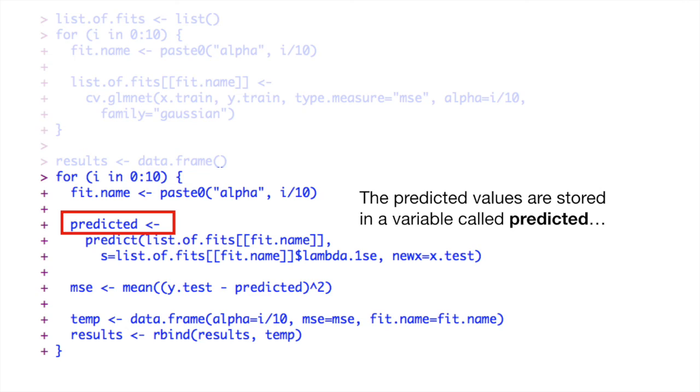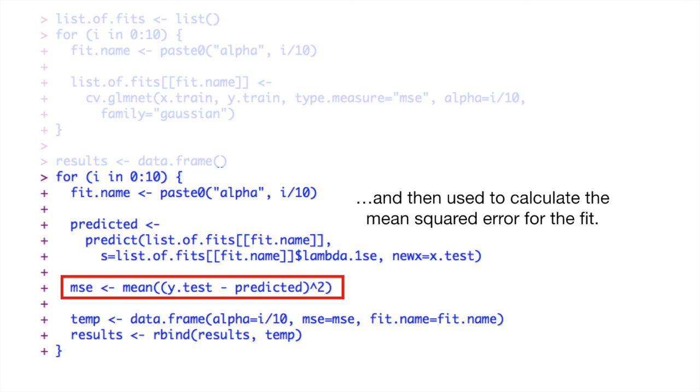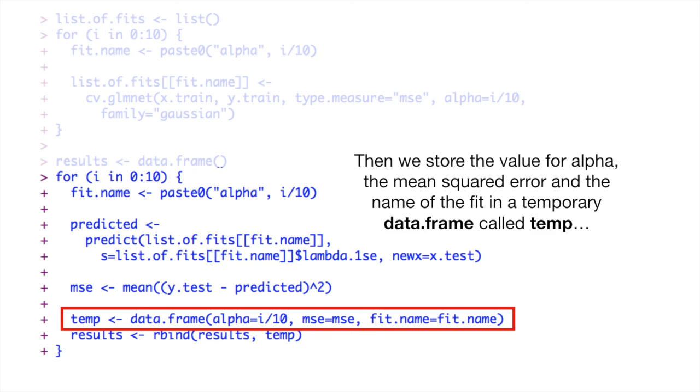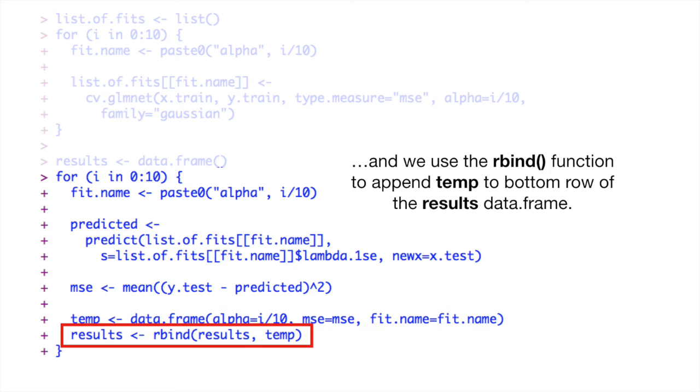The predicted values are stored in a variable called predicted, and then used to calculate the mean squared error for the fit. Then we store the value for alpha, the mean squared error, and the name of the fit in a temporary data frame called temp. And we use the rbind function to append temp to the bottom row of the results data frame.